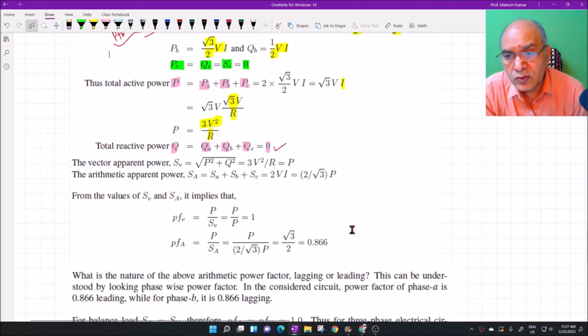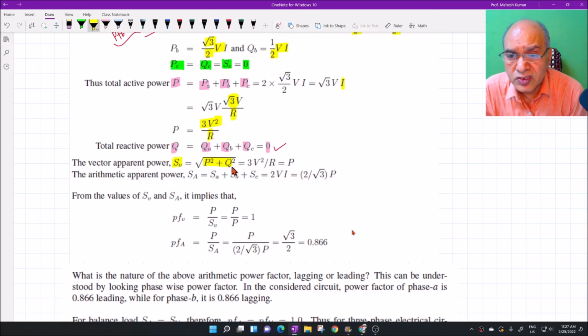Now let us come to the computation of the apparent power based on the vector and the arithmetic. The vector apparent power is given by SB, which is the square root of P square plus Q square, or we can simply say that it is the mod of the total complex apparent power.